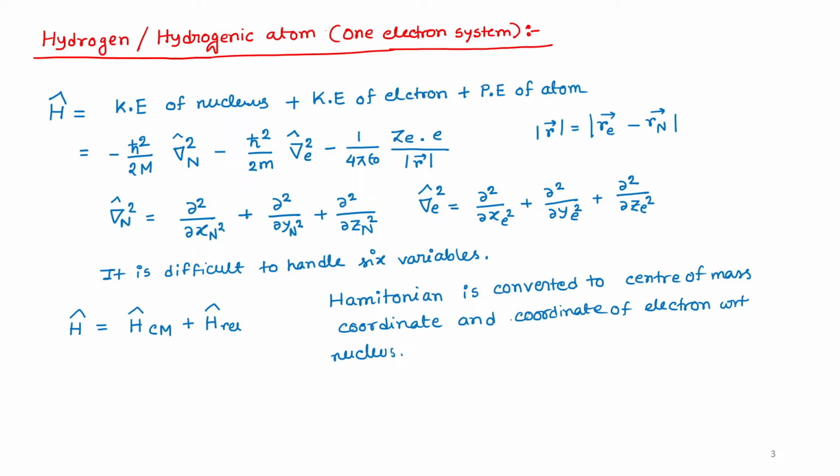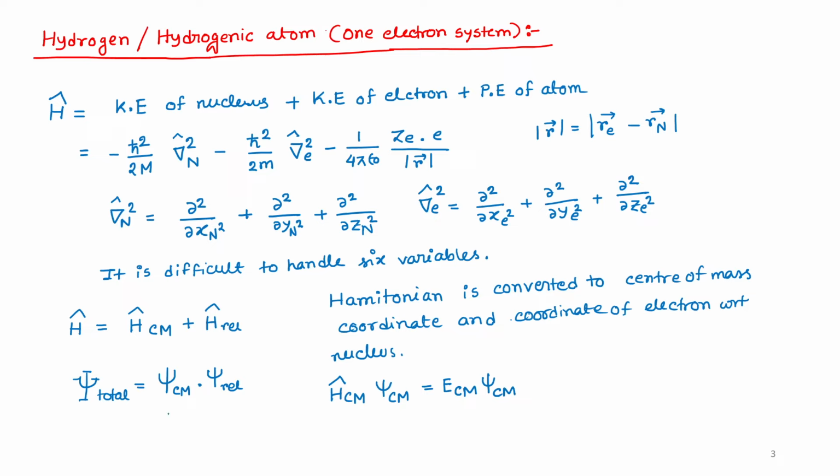So as a whole, when this HCM operates, our total wave function psi total will be a product of psi center of motion and psi electron. Let us write psi relative. So this HCM, when it works on psi CM, will give us some energy, and this psi CM back.